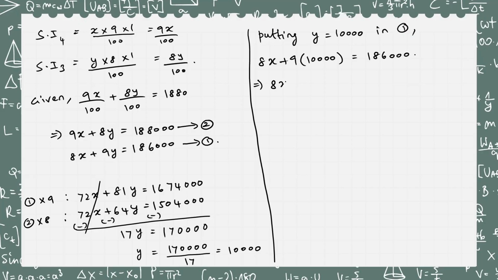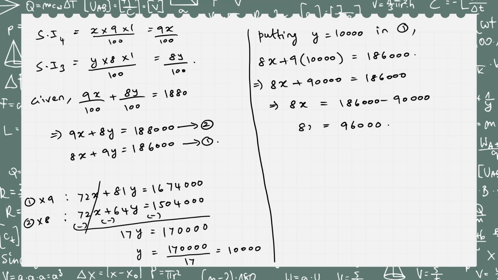That implies 8x plus 90,000 equal to 1,86,000. That implies 8x equal to 1,86,000 minus 90,000, 96,000. 8x equal to 96,000. That implies x equal to 96,000 divided by 8, which is 12,000.